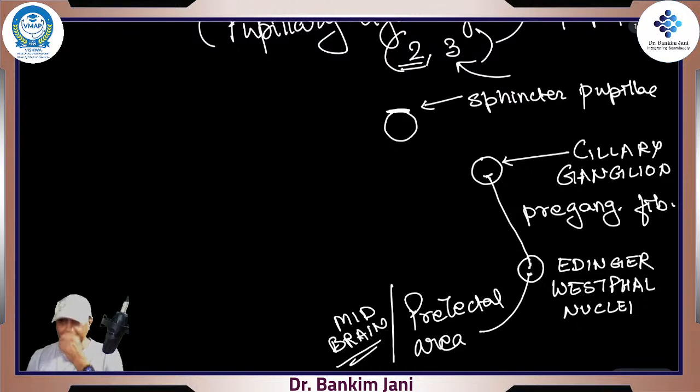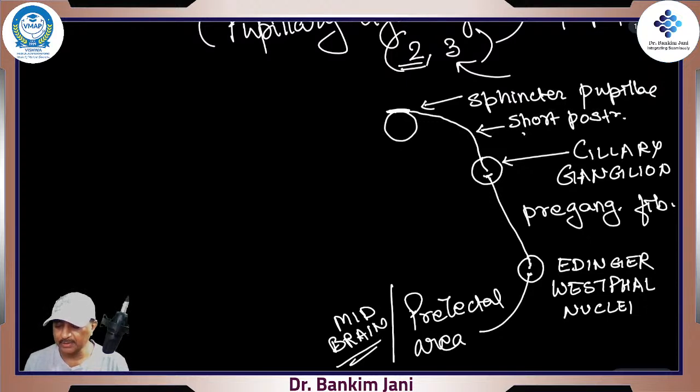And from the ciliary ganglion, there would be nerves traveling on. These nerves are the ciliary nerves, so they are called the short posterior ciliary nerves.